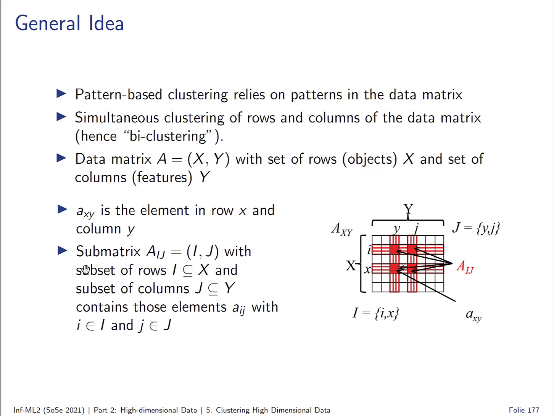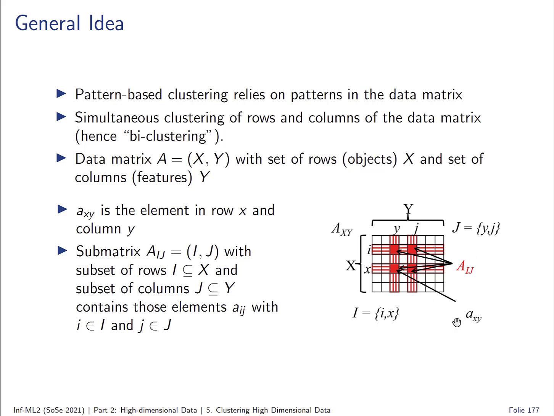Then a submatrix A_IJ has a specific subset of rows I and a specific subset of columns J. So I is a subset of X and J is a subset of Y, the rows and the columns. This submatrix contains those elements a_ij such that the rows are from I and the columns are from J. That is a submatrix of the entire data matrix.